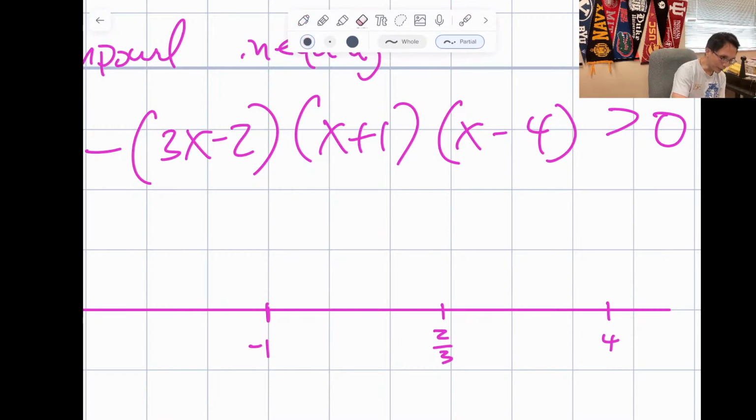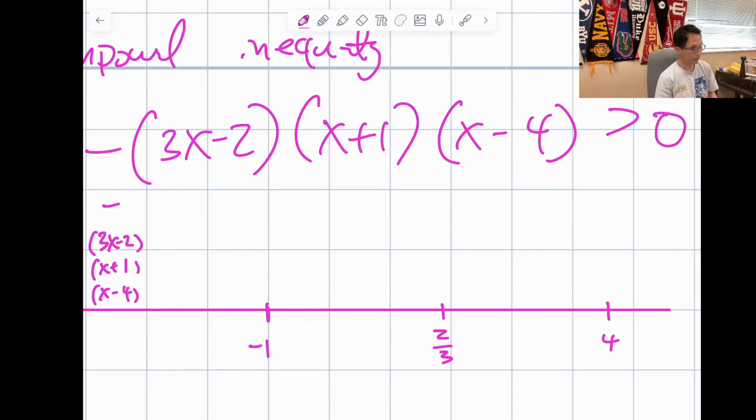I'm going to place the negative sign here, the 3x minus 2 here, x plus 1 here, and x minus 4 here. The negative sign is going to contribute to the sign throughout the whole number line. This negative sign goes all the way through. It's not hard. It's very easy.